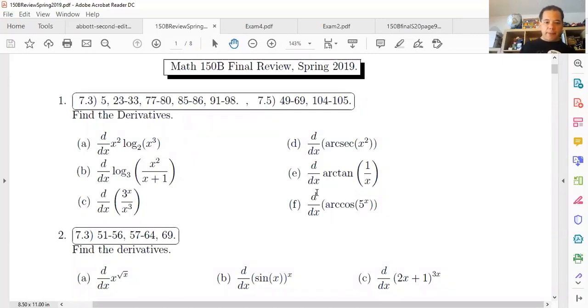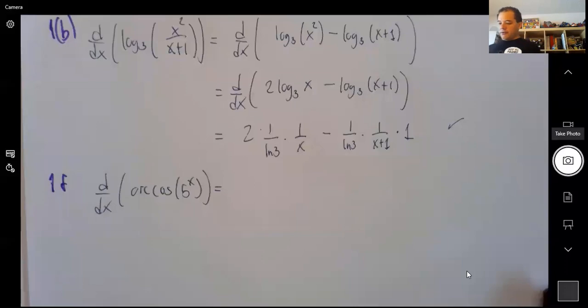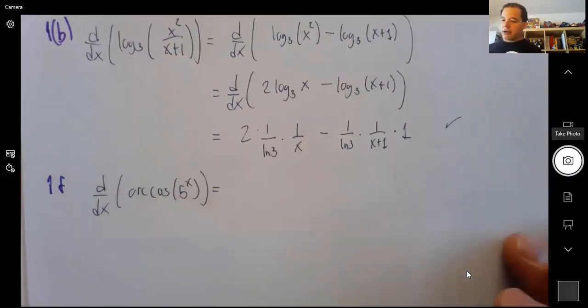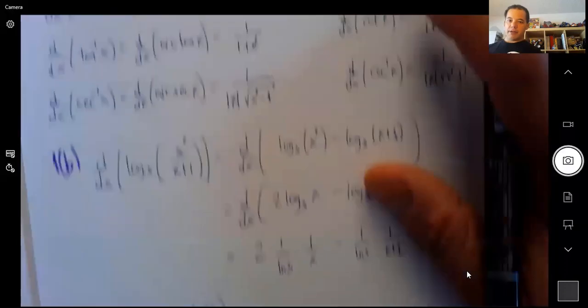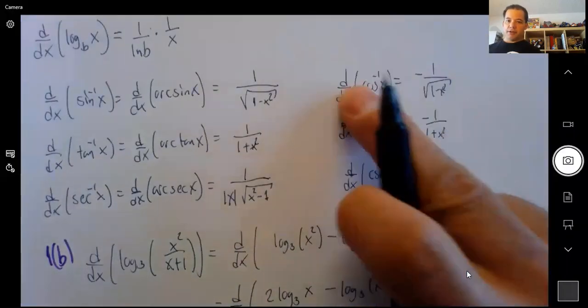Let's pick another one. How about this one, F? That involves arc cosine and also 5 to the x, right? We'll at least get a chance to do both. So what is the derivative with respect to x of arc cosine of 5 to the x? We first do the derivative of arc cosine, and you may remember I have it right here. This is the formula.